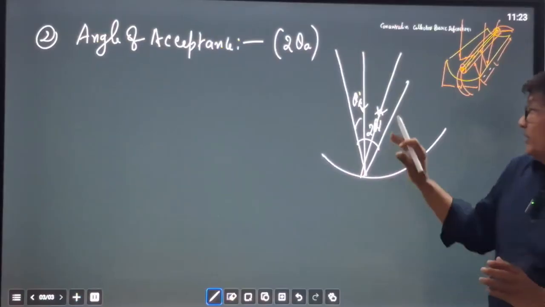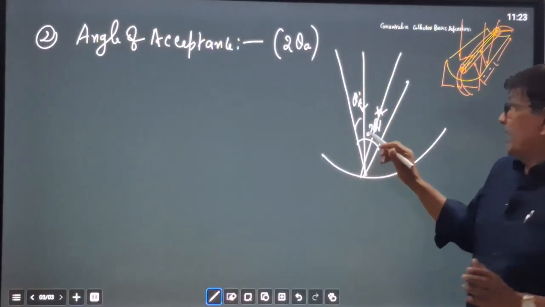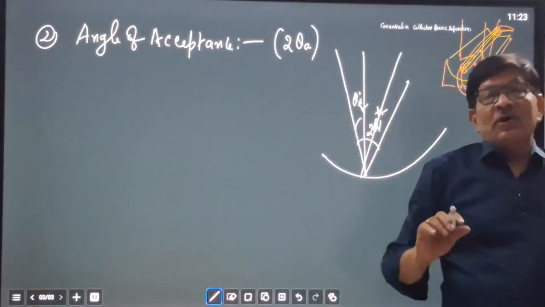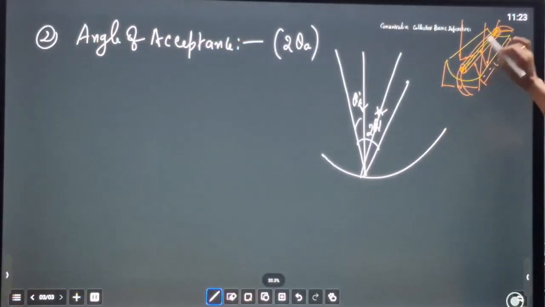Up to this angle, if radiation comes, it will be accepted. Otherwise, if the angle is more, it cannot be focused on the absorber surface.